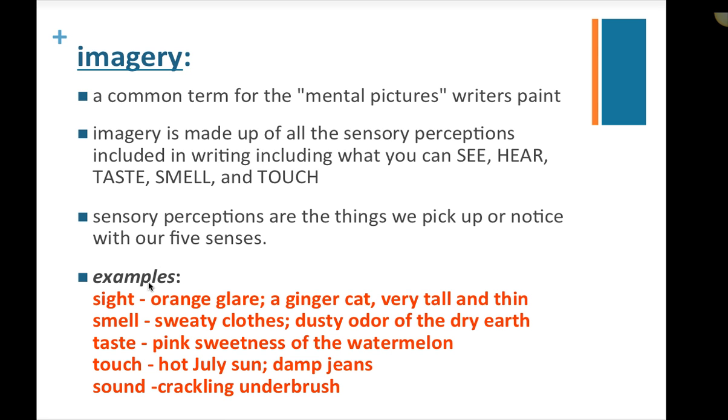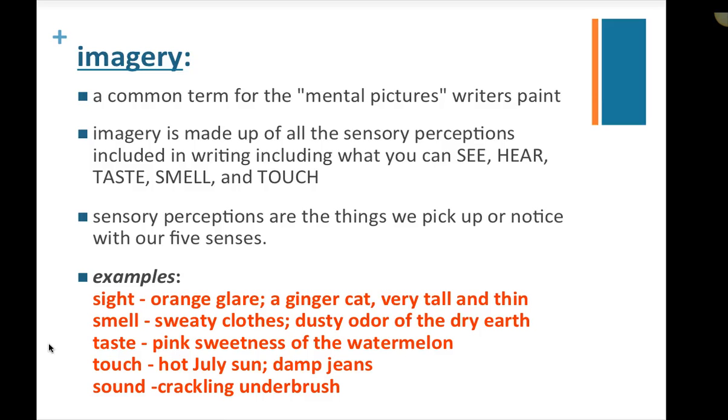So that is imagery. And some examples are if you described an orange glare coming through your car windshield, or a ginger colored cat, or a very tall and thin person, that would be sight imagery. That's describing things we can see. Something you can smell, sweaty gym clothes, or the dusty odor of the dry earth. That's smell imagery.